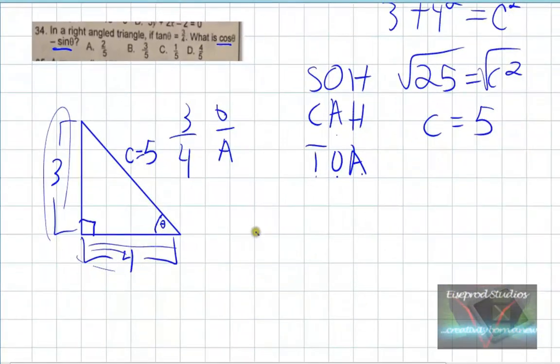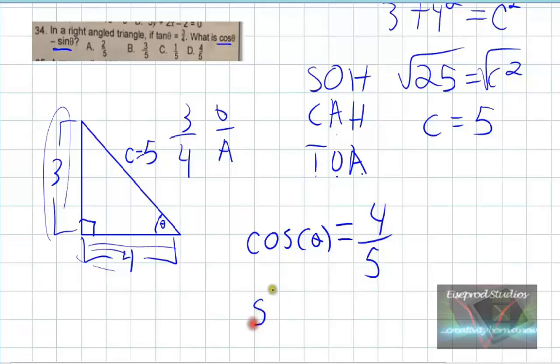Now we can go ahead and answer the question. They said cosine theta minus sine theta. So first let's figure out what cosine of theta is. We said it was going to be adjacent over the hypotenuse. So the adjacent length is 4, the hypotenuse length is 5. Now we can do the same thing for sine theta. For sine, it's going to be opposite over hypotenuse.